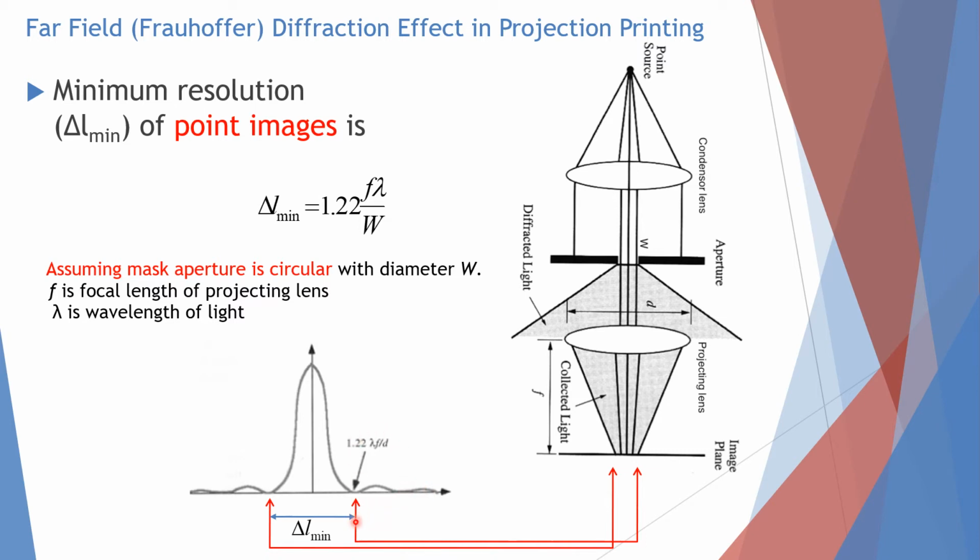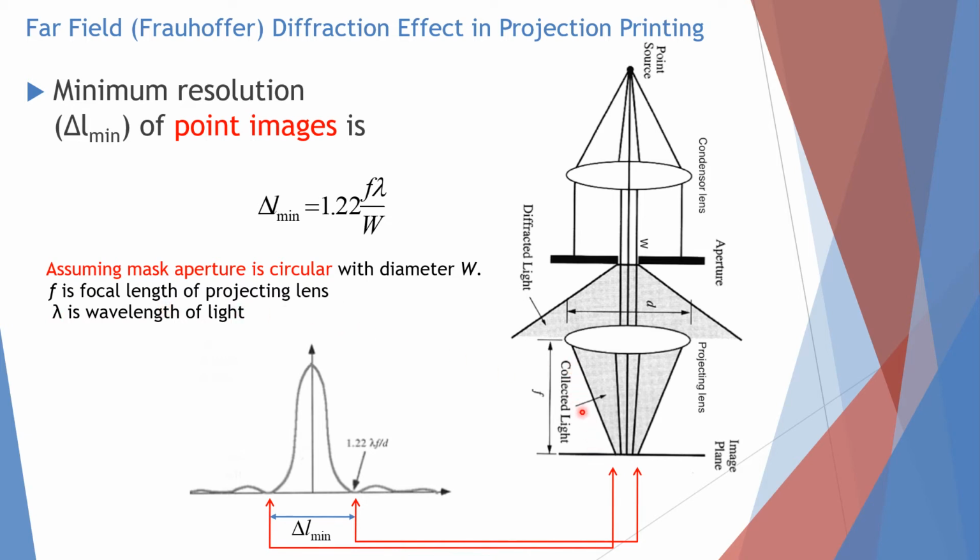Okay, so that's why we have to do some calculation to get the length of how the light is exposed on this one. Okay, so it is calculated by using 1.22 f lambda over 2. Okay, so this f is the focal length of the projection lens.